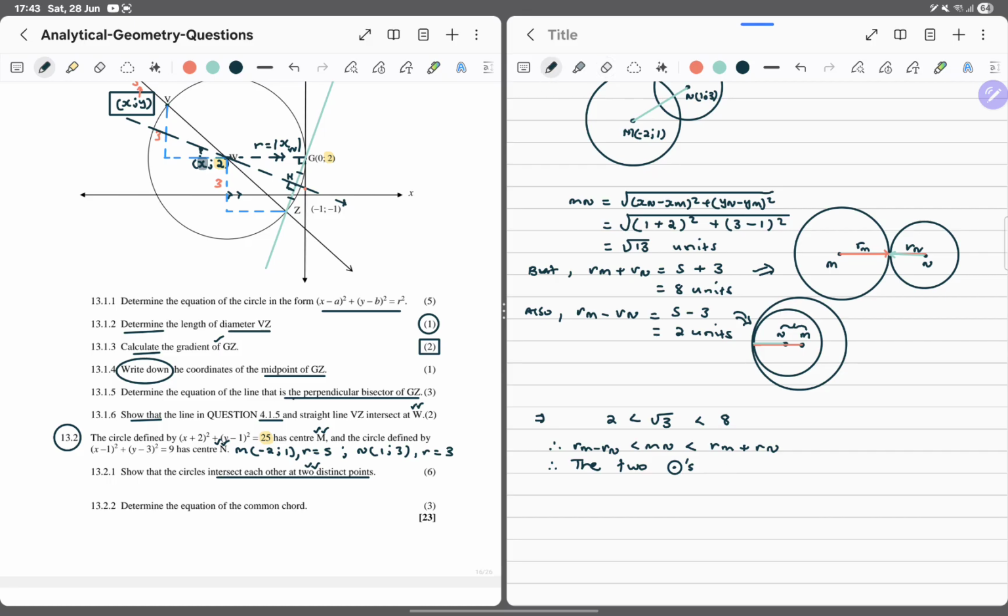So the two circles intersect at two distinct points. Okay, that's it, guys.